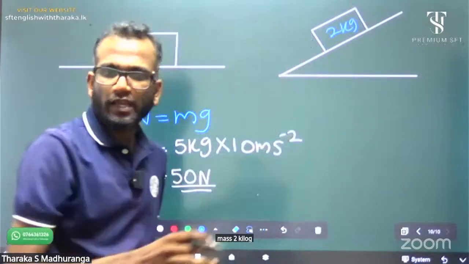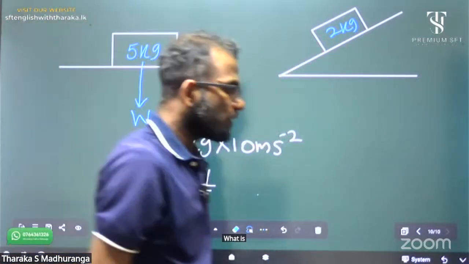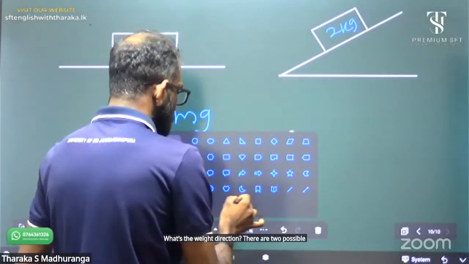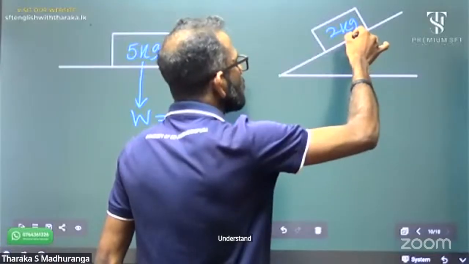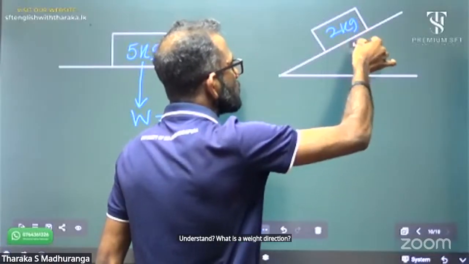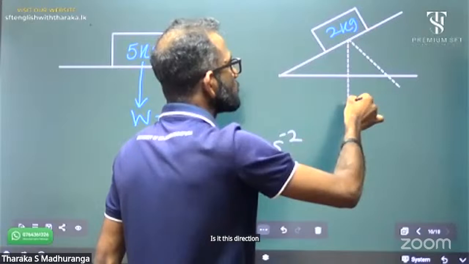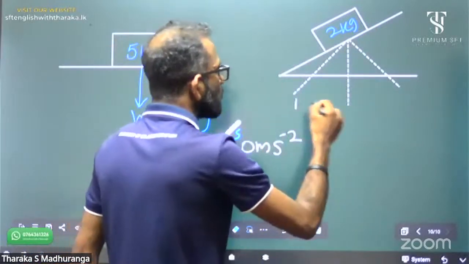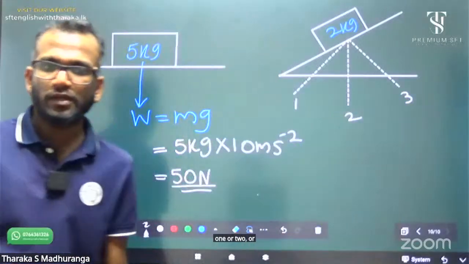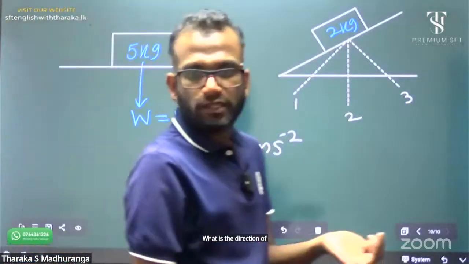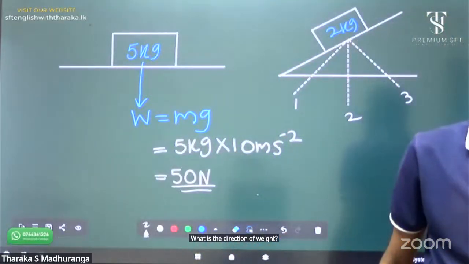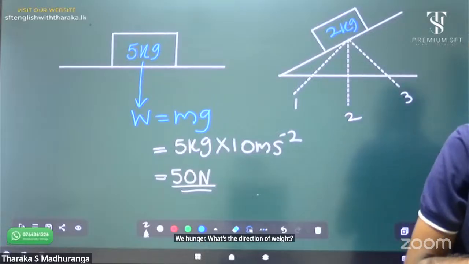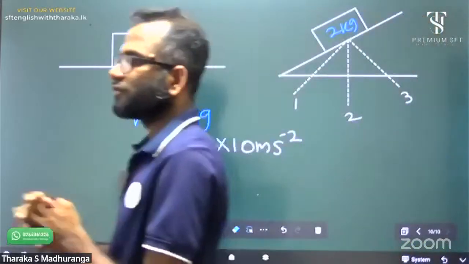What is the weight direction? There are two possible directions. Make sure you clearly understand what the weight direction is. Is it this direction or this direction or this direction? 1 or 2 or 3? Quickly send. What is the direction of weight?